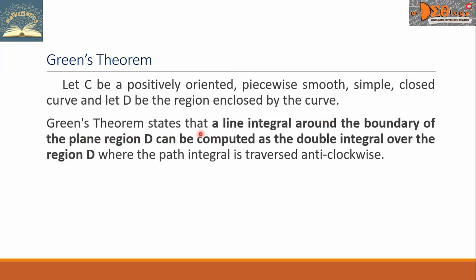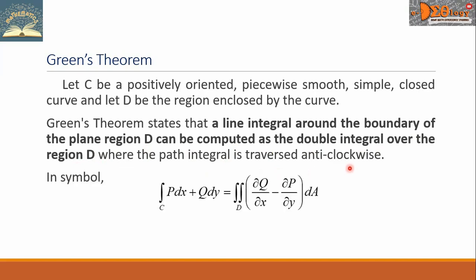Green's theorem states that a line integral around the boundary of the plane region D can be computed as the double integral over the region D, where the path integral is traversed anti-clockwise.